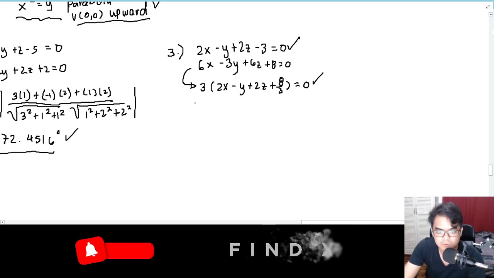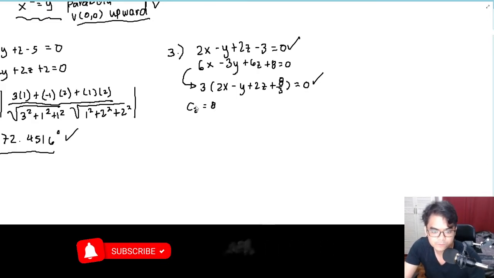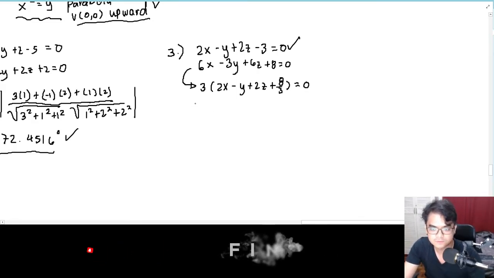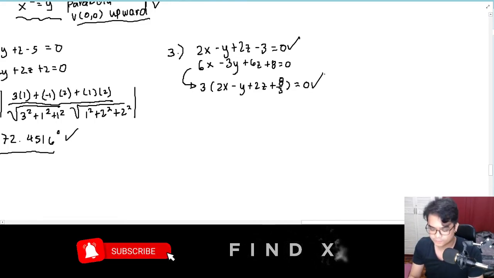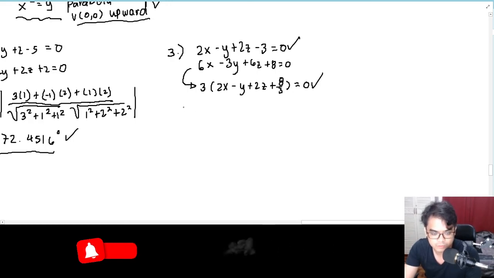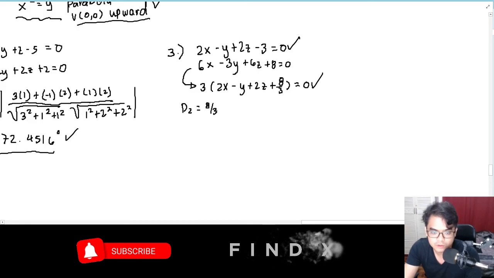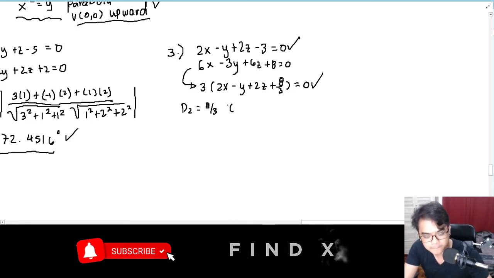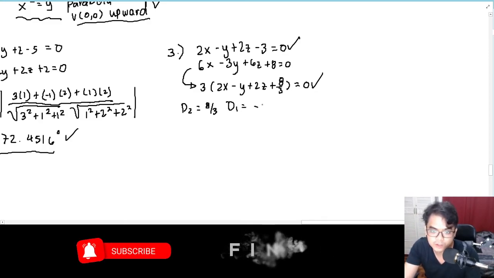Okay, therefore you can have here that your D2 is equal to 8 over 3, and then your D1 is equal to negative 3, right?